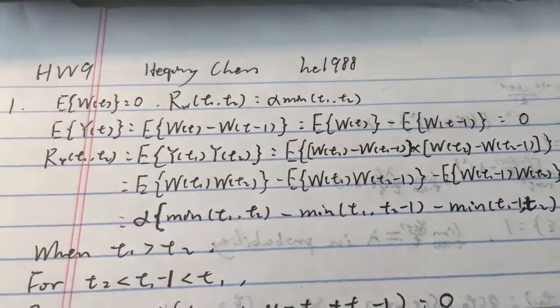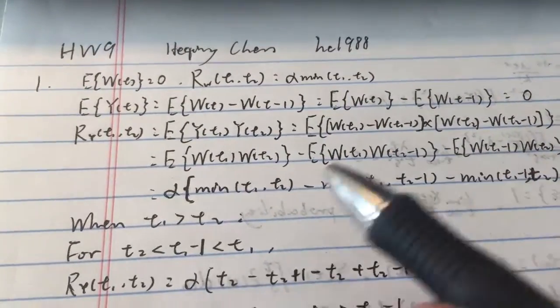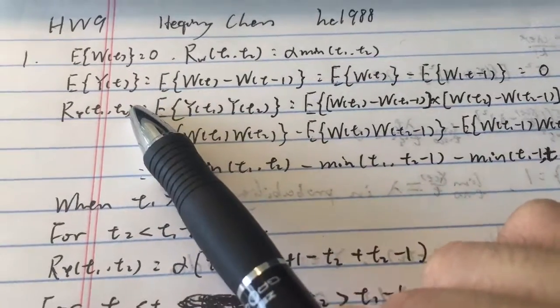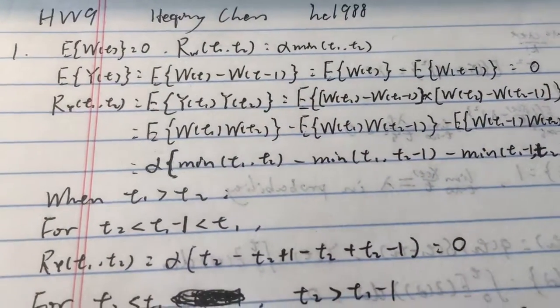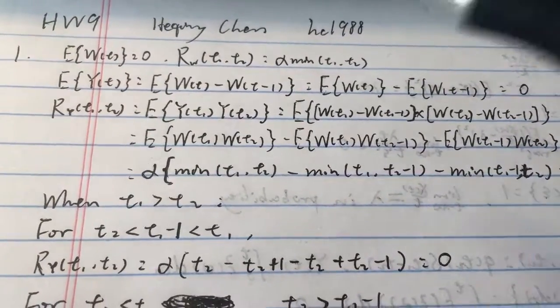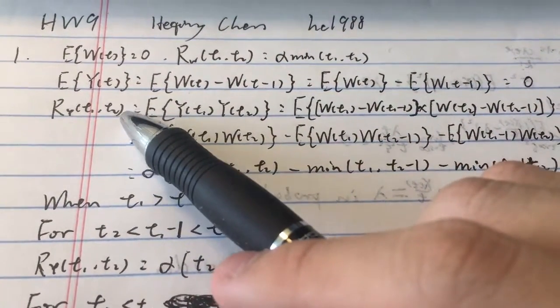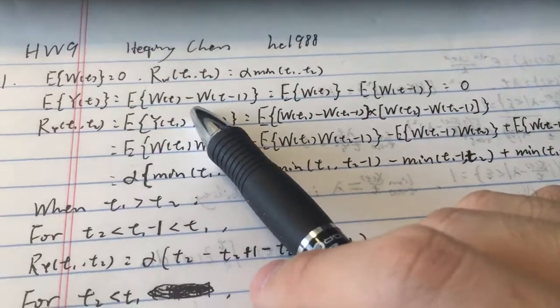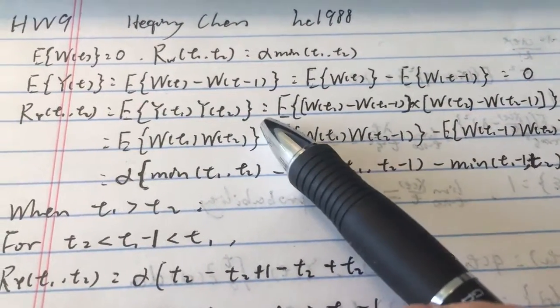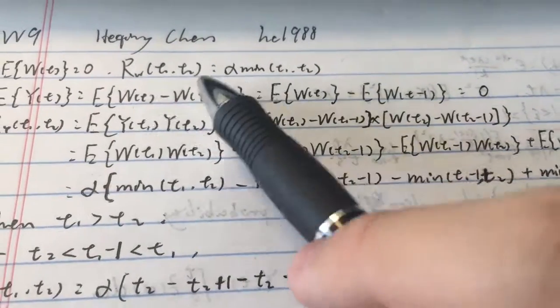Now we need to calculate the autocorrelation of Y(t). We use the formula: the autocorrelation equals the expected value of Y(t1) multiplied by Y(t2).